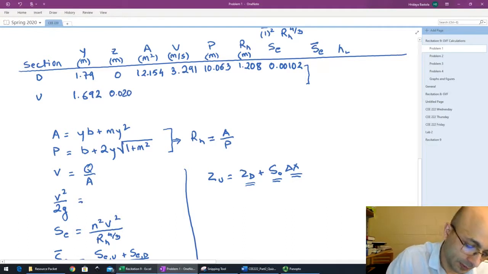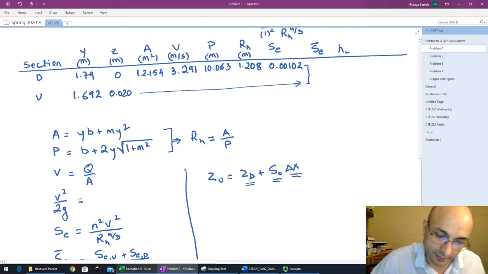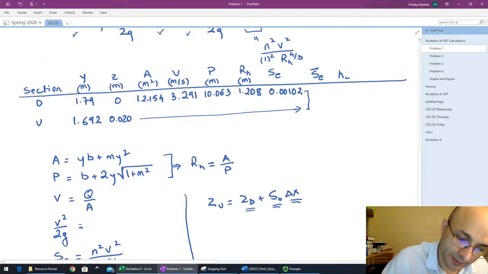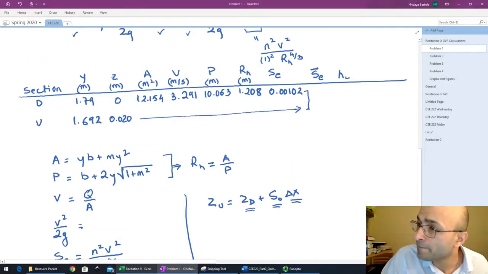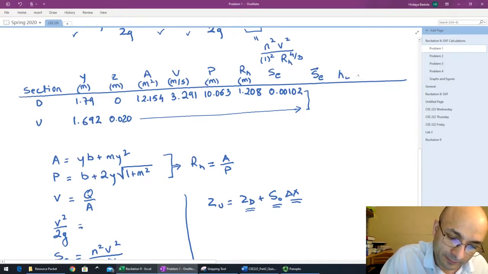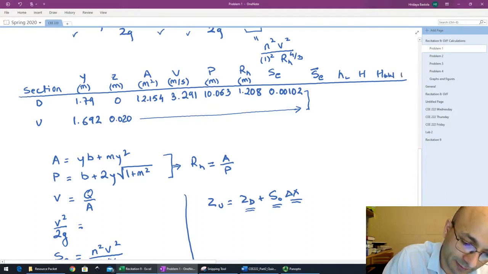0.020, and you can fill out the rest of the numbers here. So the total energy there, and how is it best to do it? Let's do H, maybe H total, to include the head loss, and then the difference here.